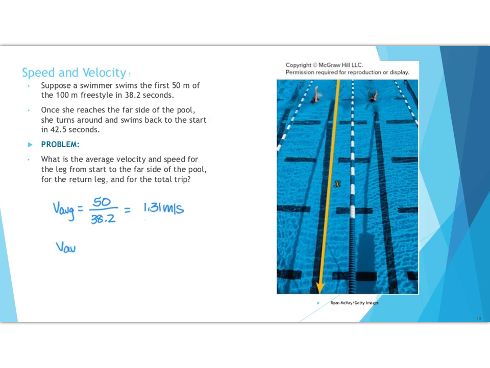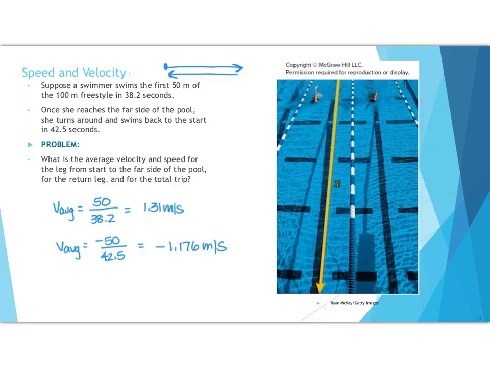Now, something we might not have thought about for the second leg is because she goes from this end, she goes down, and then she turns around again. So for the second leg, her displacement is minus 50, and the time is 42.5 seconds. And so the average velocity for the second leg is negative.